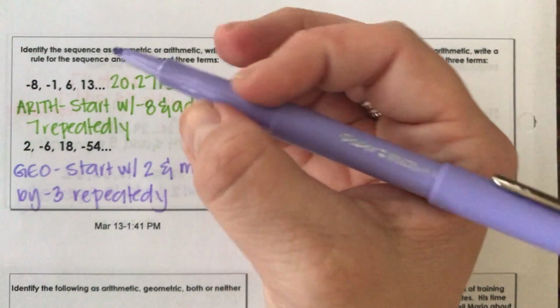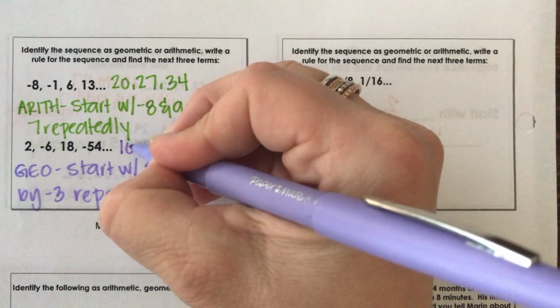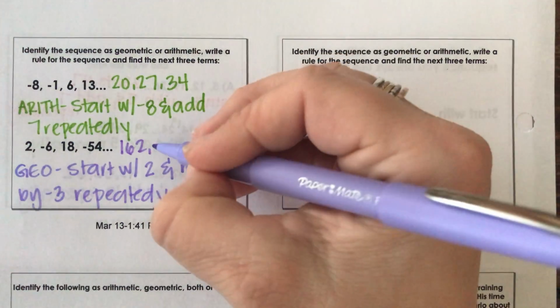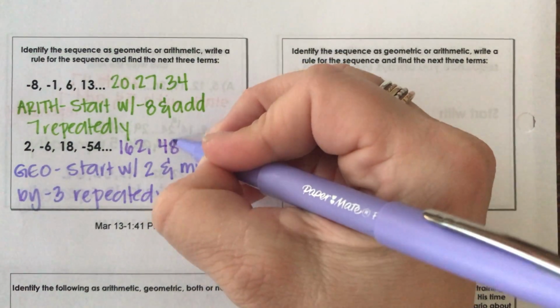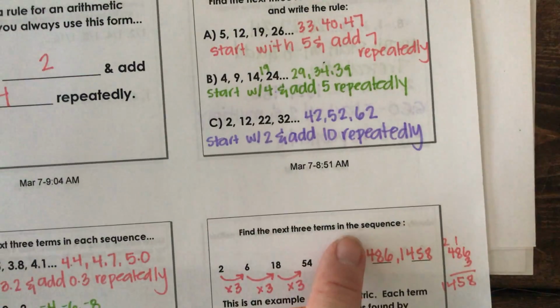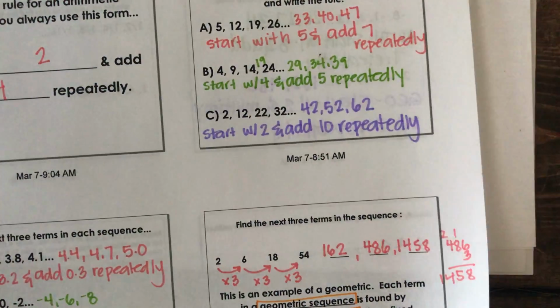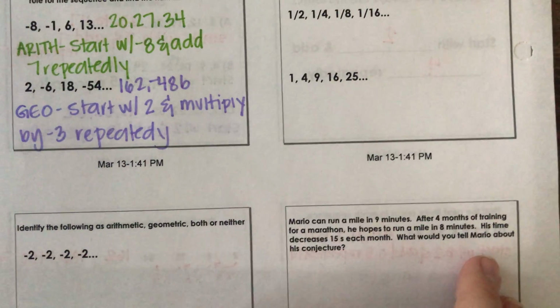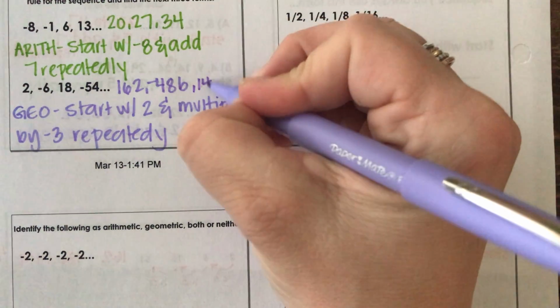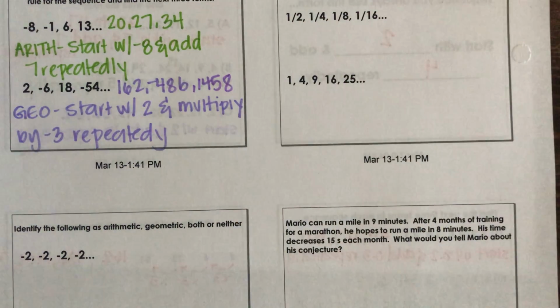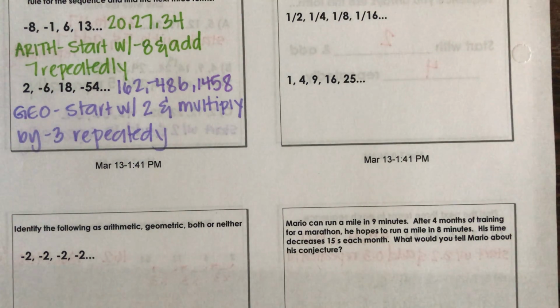So 54 times 3 is 162. 162 times 3 would be 486, and it's negative. And I think we did this one over here. 486 times 3 is 1,458. And again, you are more than welcome to use a calculator.